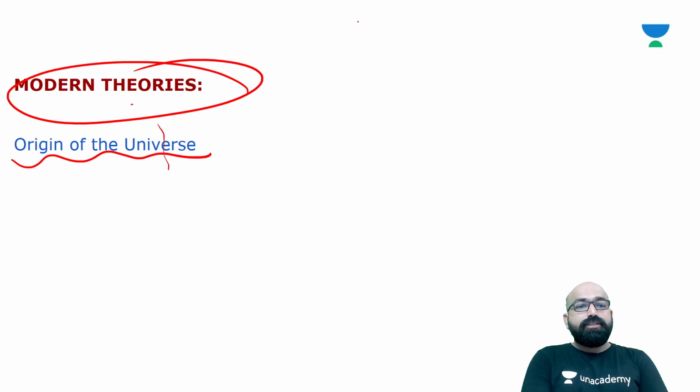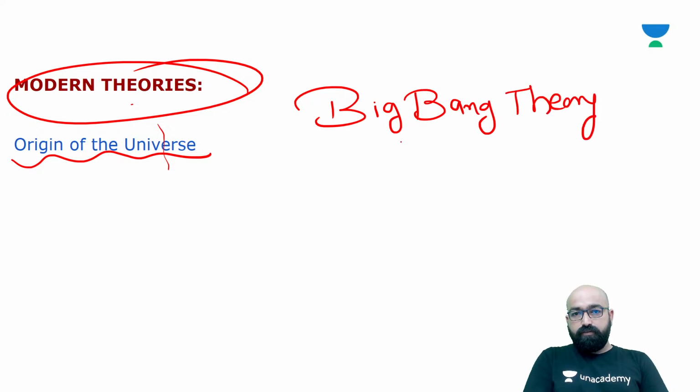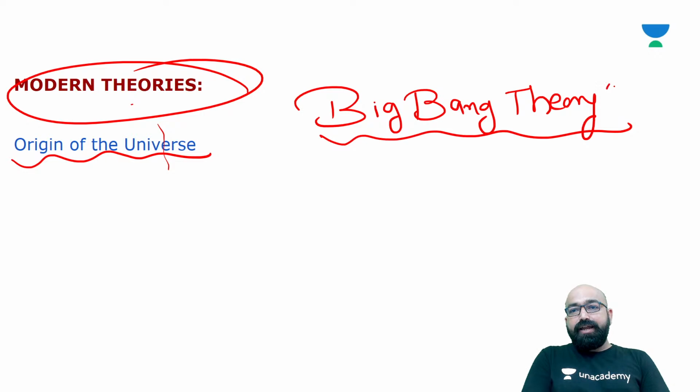The most popular argument regarding the origin of the universe is the Big Bang theory. It is also called the expanding universe hypothesis.